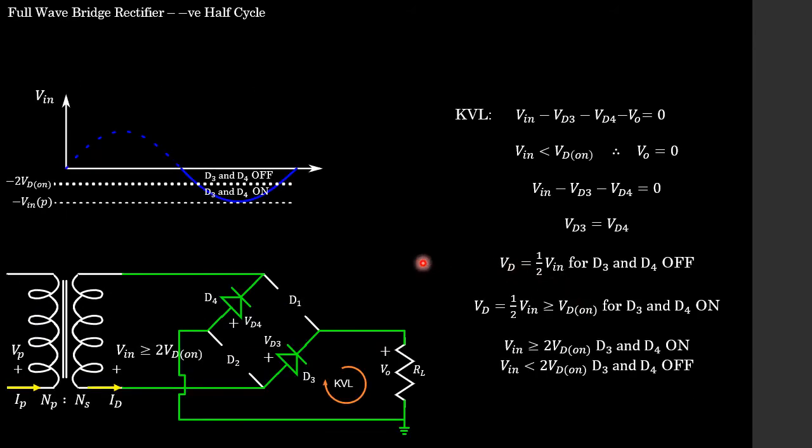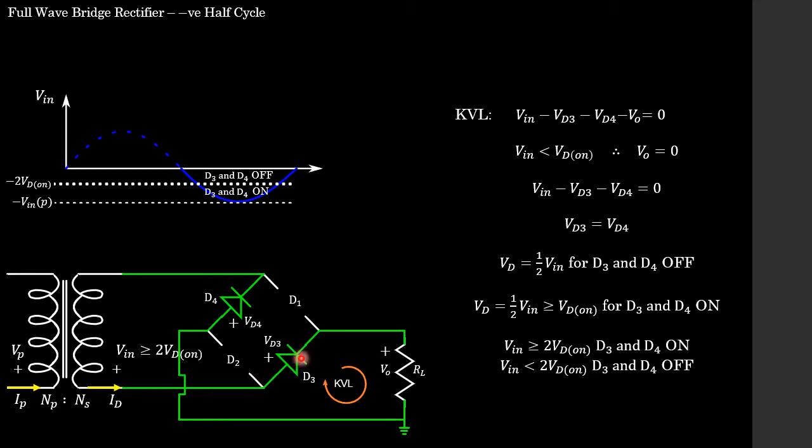Looking at our negative half cycle, once again, students, we have two stages. First is where D3 and D4 are off, and the second is where D3 and D4 are on. Exactly the same way as we did for the positive half cycle, we analyzed the circuit in this first section, which is between 0 and negative 2 VD on. We do a KVL in the circuit, and because we are in this region, we have no output voltage because we're not going to have a current flowing.